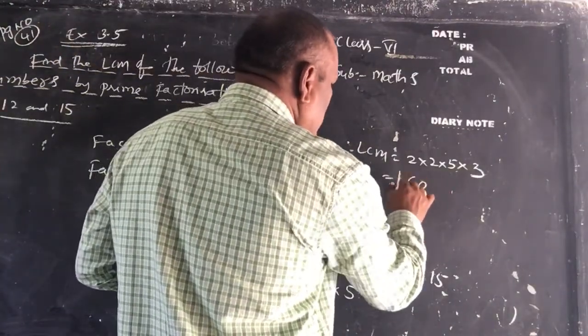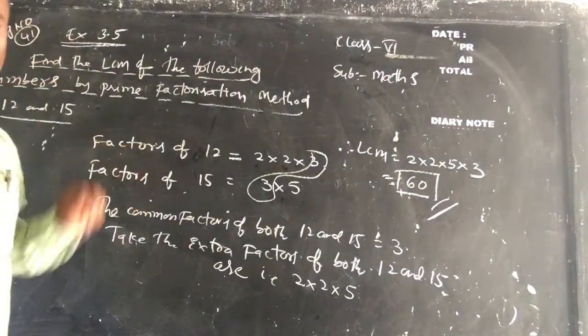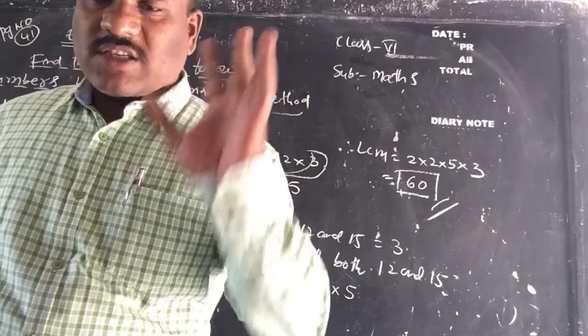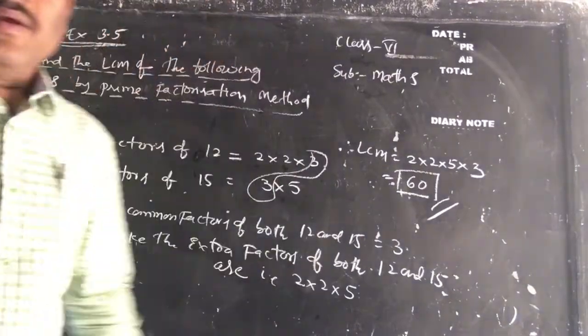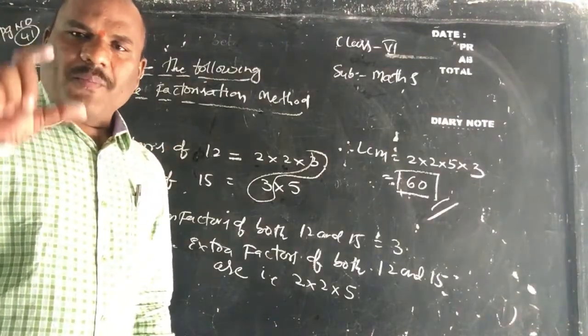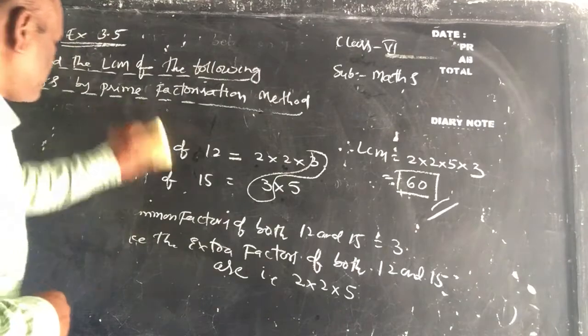So 60 is the answer. This is the LCM of the given numbers. This is the first sum, children. After watching this video, you have to copy it down in your classwork, children.